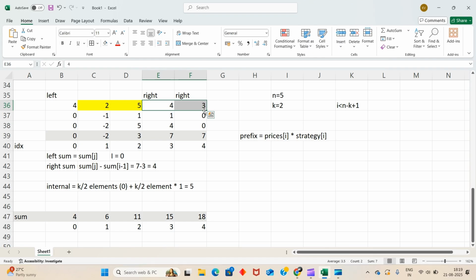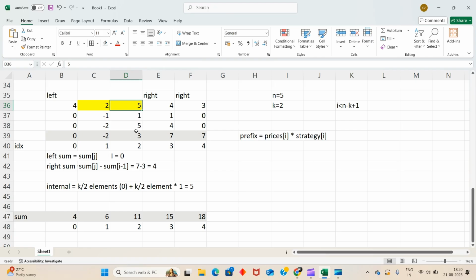What will be our j? It will be n minus 1, that is prefix of n minus 1 minus prefix of this index. This will be my i plus k, because our window size is k. After this window my index is i plus k minus 1, because we take the previous sum.